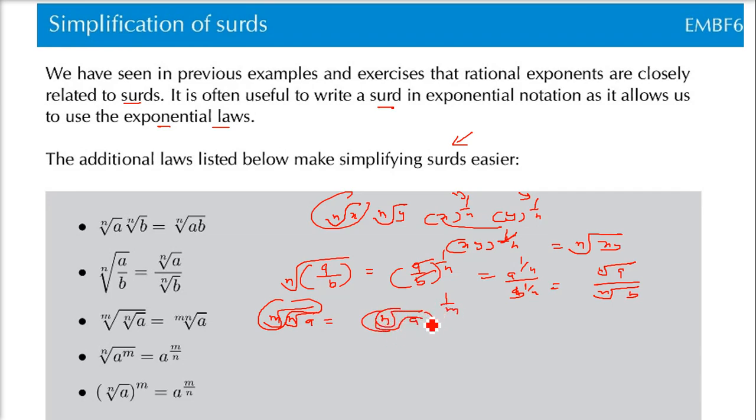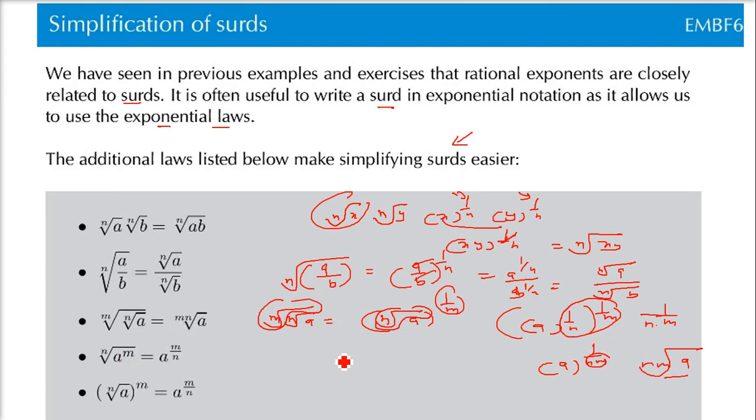Now this can be written as a raised to the power 1 by n, and this already has the 1 by m. So ultimately what we get is a to the power 1 by nm, because 1 by n into 1 by m is 1 by nm. So this is simply the nm-th root of a.